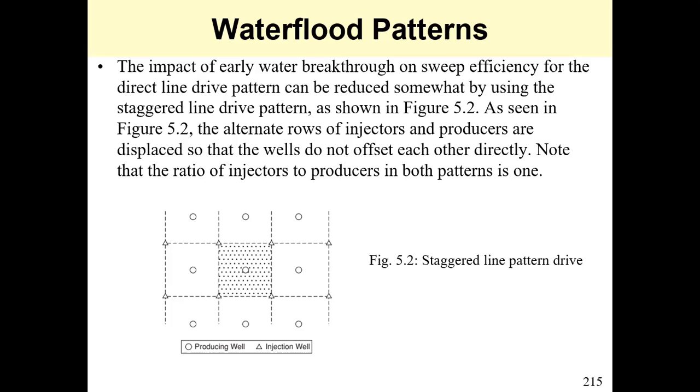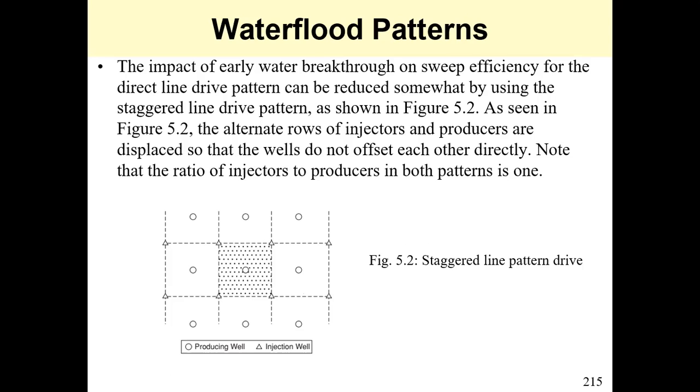instead of the direct line drive, a staggered line pattern drive can be used. So you see that the injectors do not directly offset the producers. As shown in figure 5.2, all the alternate rows of injectors and producers are displaced so that the wells do not offset each other directly.